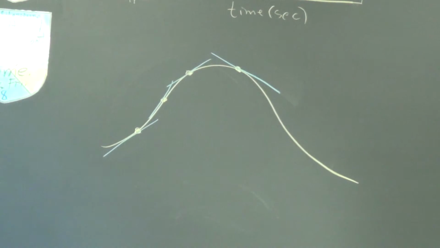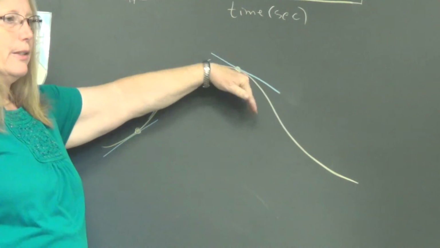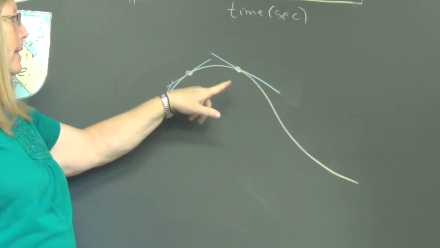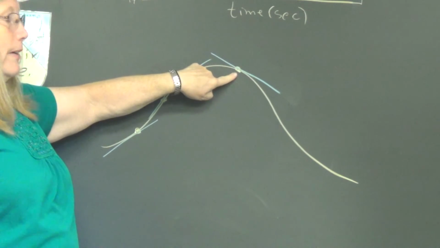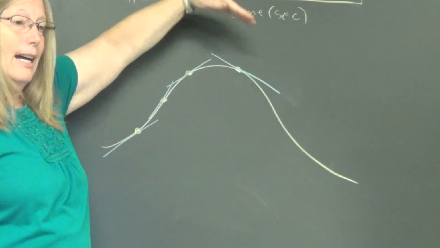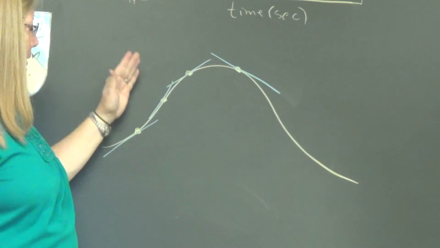For example, this one, it all depends on the bend of the curve. So if the curve is bent like this, we call it concave downward, then the tangent lines, in order to touch the curve at one point, have to be above the line, most of the tangent line. And then here and here the same.